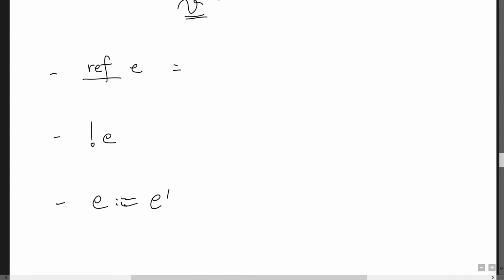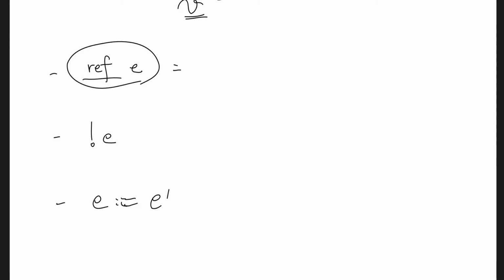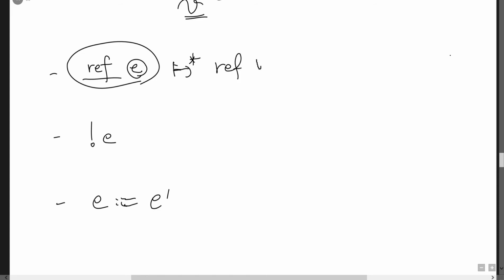The construct ref E is used to create a new memory cell, a new reference. Suppose that expression E eventually produces value v, then later you'd have ref v. Now we allocate a new memory cell and initialize it with this value v. And this memory cell is going to have a reference or location. Let's just say location L is pointing to this new memory cell.